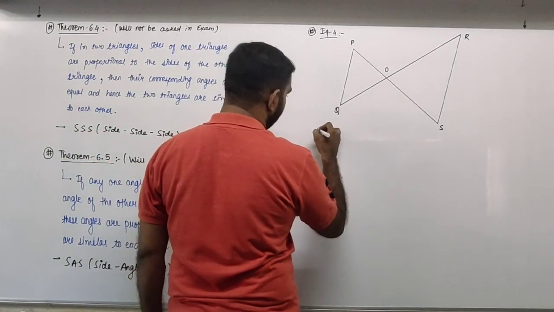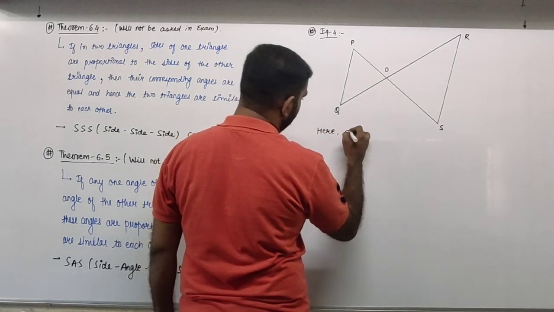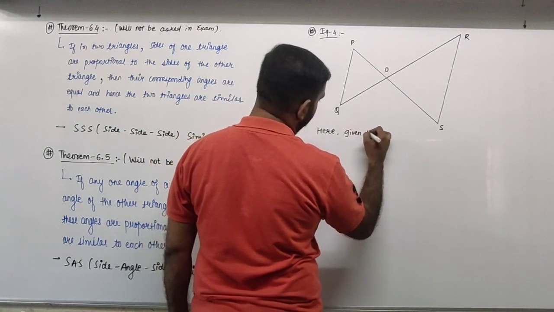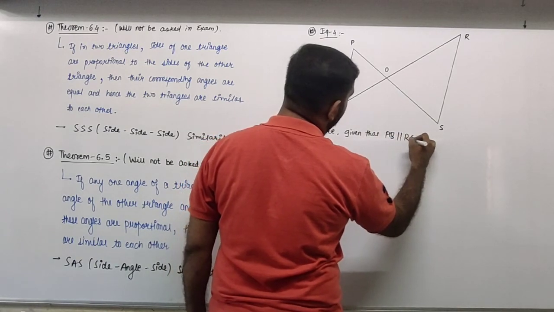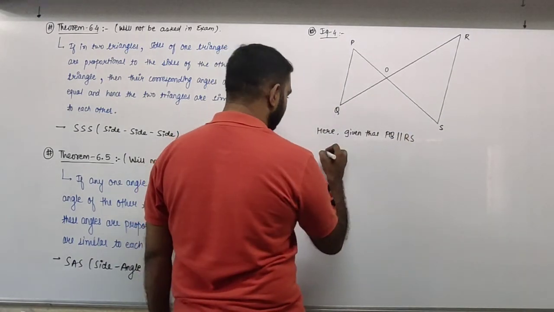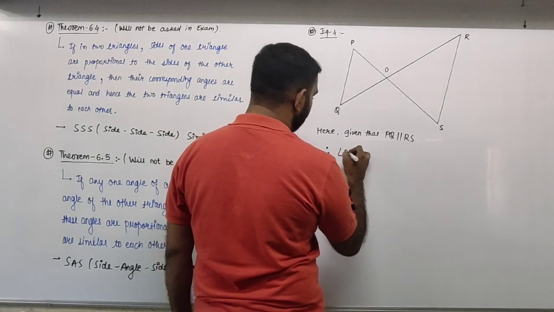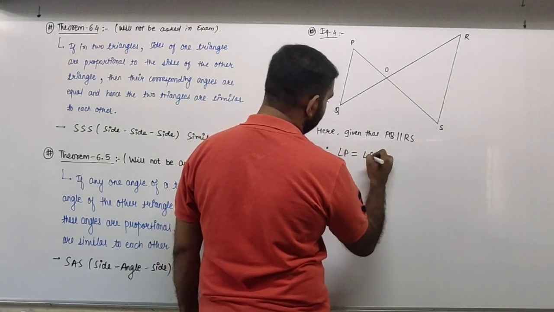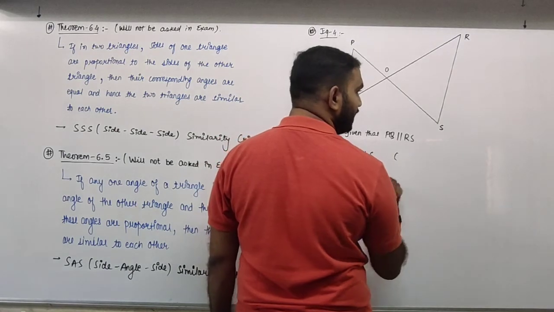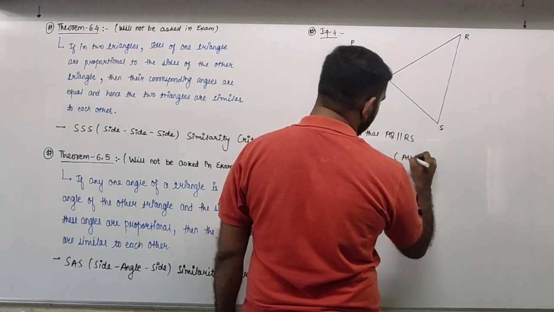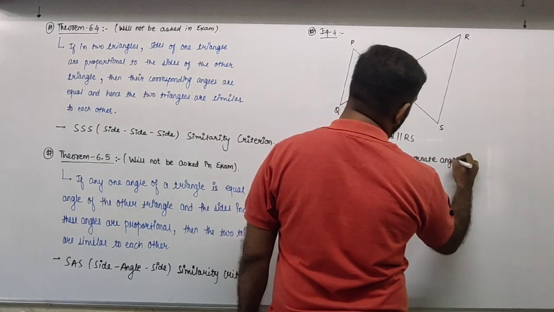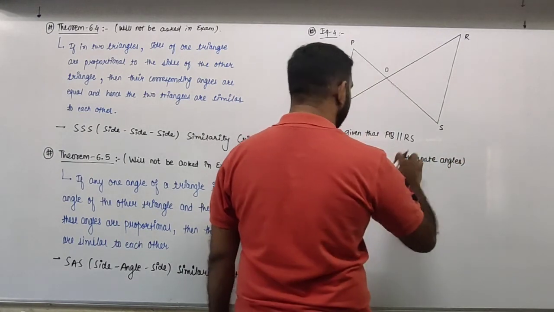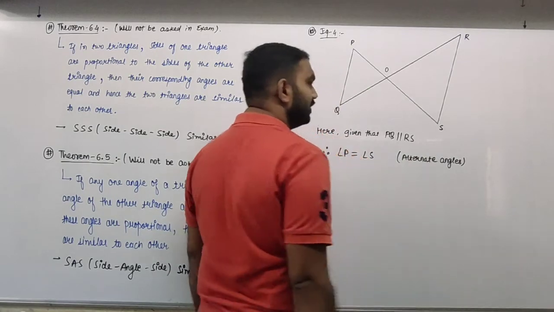So here, given that PQ is parallel to RS, therefore angle P is equal to angle S because they are alternate angles. Remember this concept from chapter number 6 in standard 9.